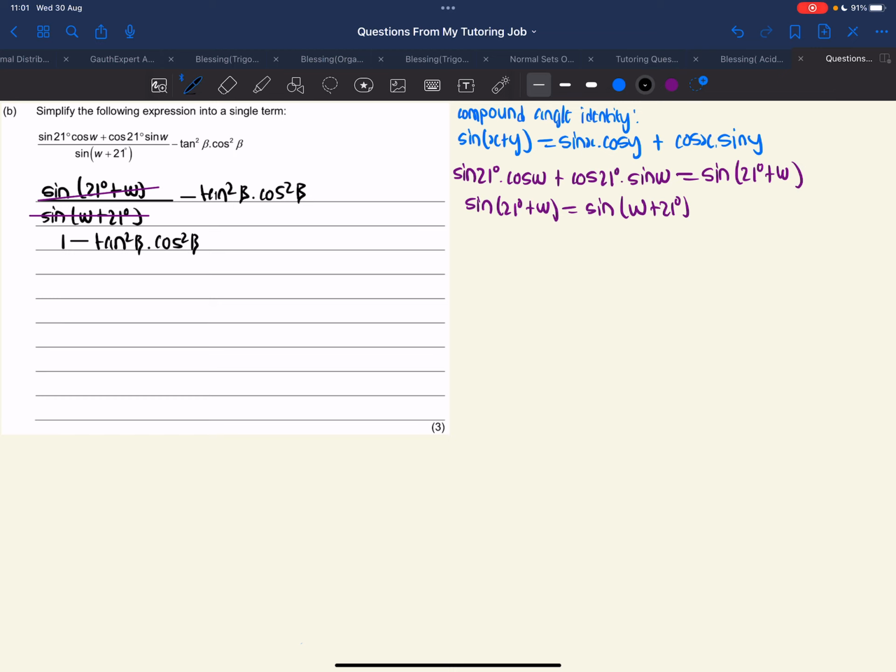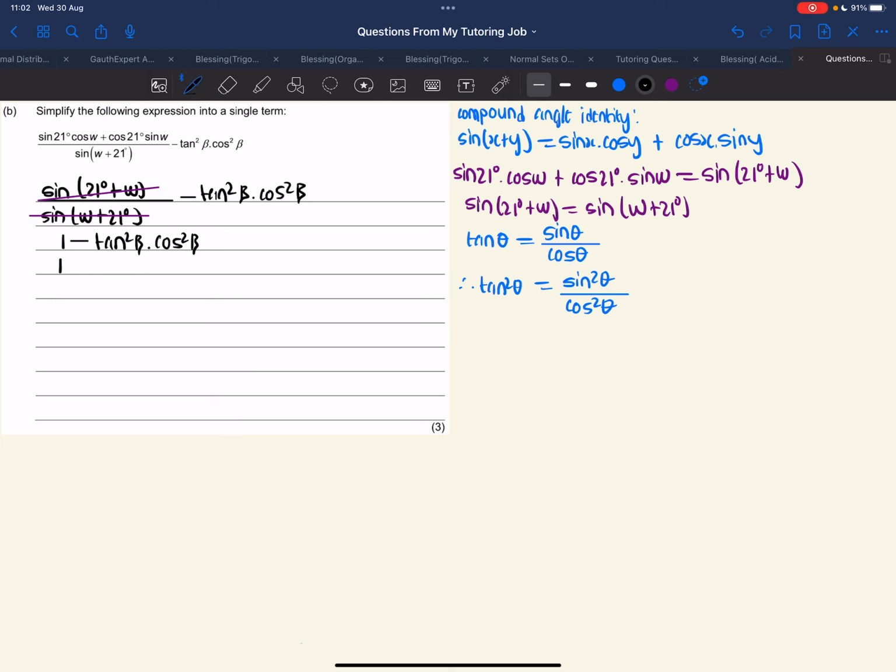Now they want us to write it as a single term. We are not there yet, but we are close. Do you also remember from your trigonometric identities that tan theta is sine theta over cos theta? That means tan squared theta is the same as sine squared theta over cos squared theta.